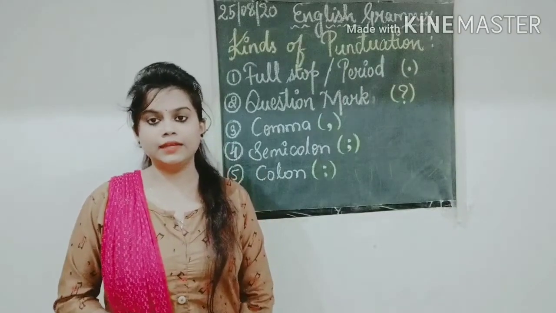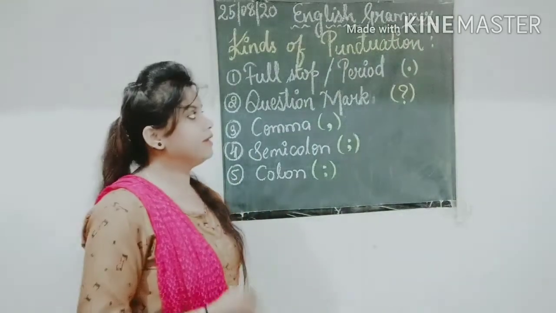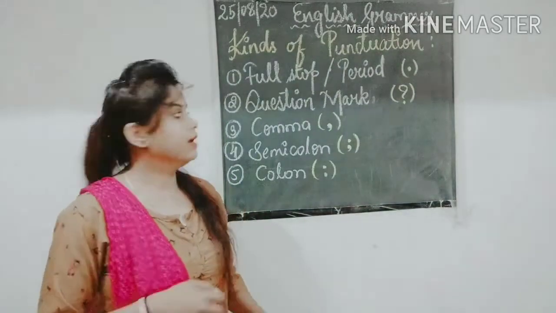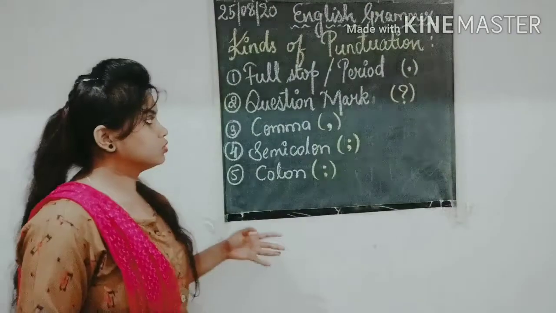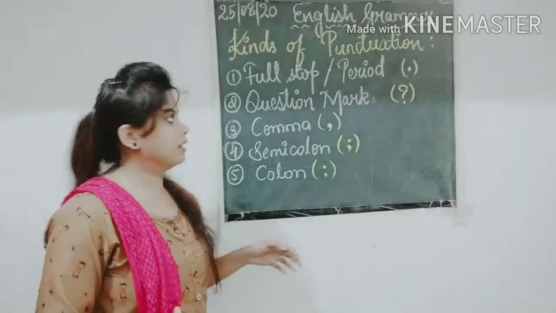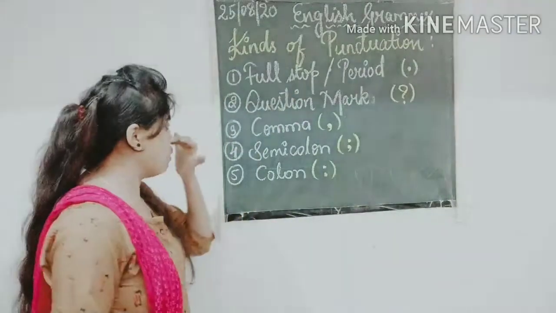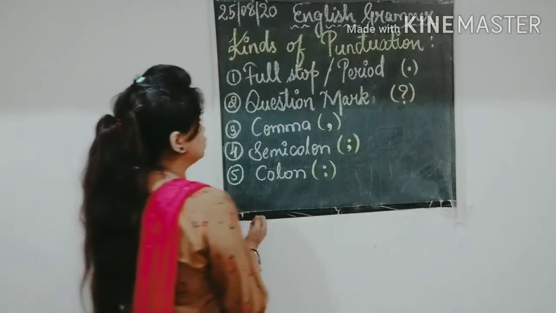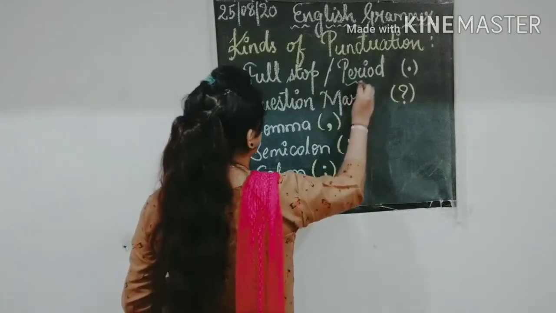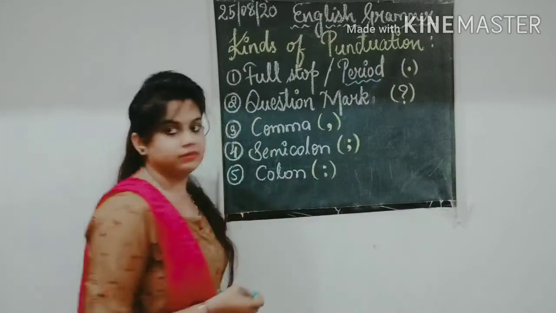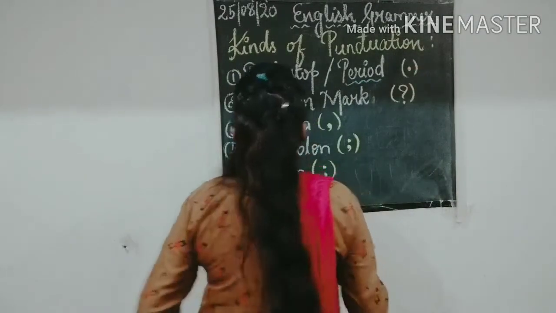Okay, now we will see kinds of punctuation. There are various kinds of punctuation. Here are some most commonly used punctuation marks. First one, full stop. Full stop is also known as period in American English, and it is denoted as a dot.